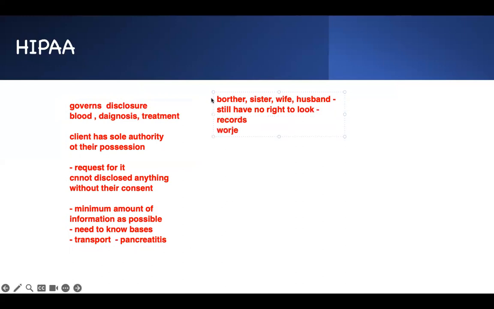Whether they work in the hospital or not, that's no matter. Whether they are the charge nurse or not, that's no matter. Even if they own the hospital, no, they cannot touch any record, even if they are husband and wife or whatever.